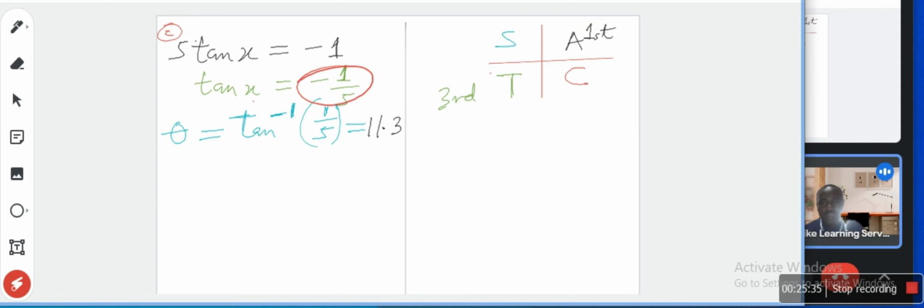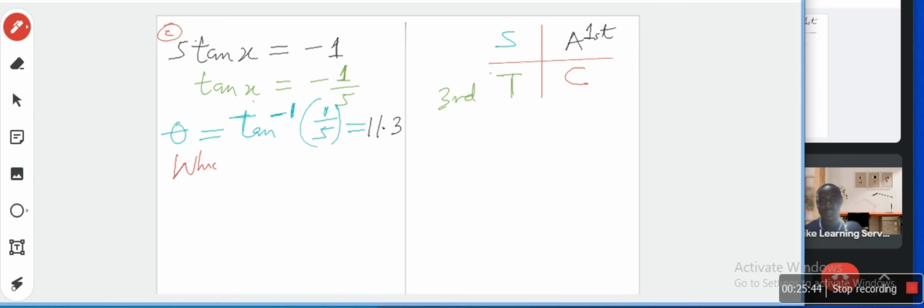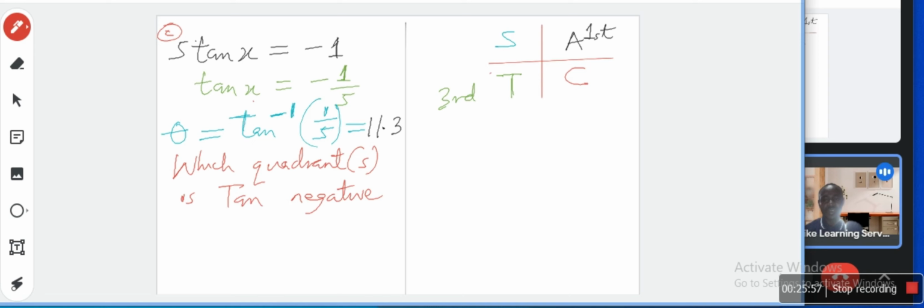But what we are solving is a negative value. So we should go to where tan is not positive. So where is tan not positive? Let me even write it. Which quadrant is tan negative?